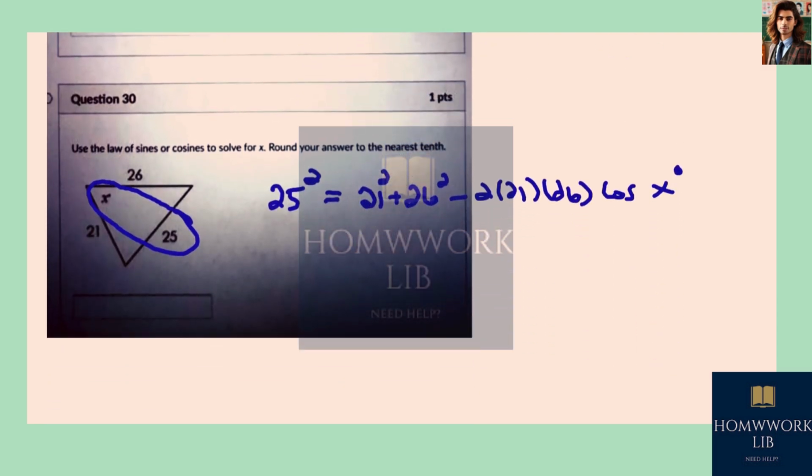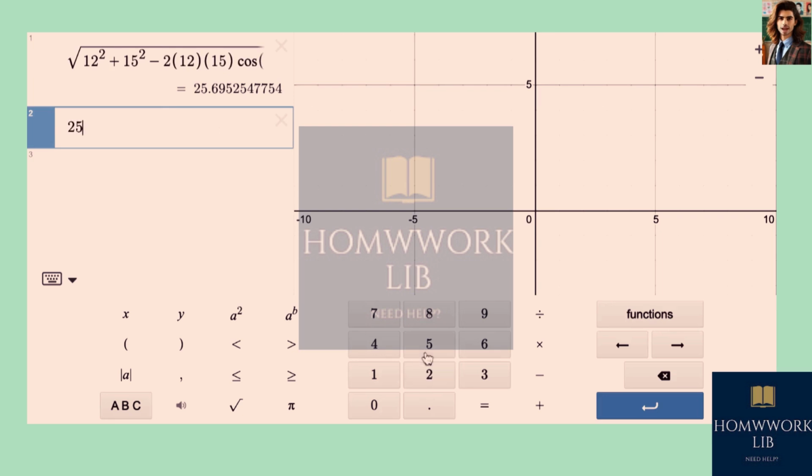What I'm going to do here is subtract the 21 squared, so I'm moving that to the left. I'm going to subtract the 26 squared, and then I'll deal with the product afterwards. So 25 squared minus 21 squared minus 26 squared is negative 492.